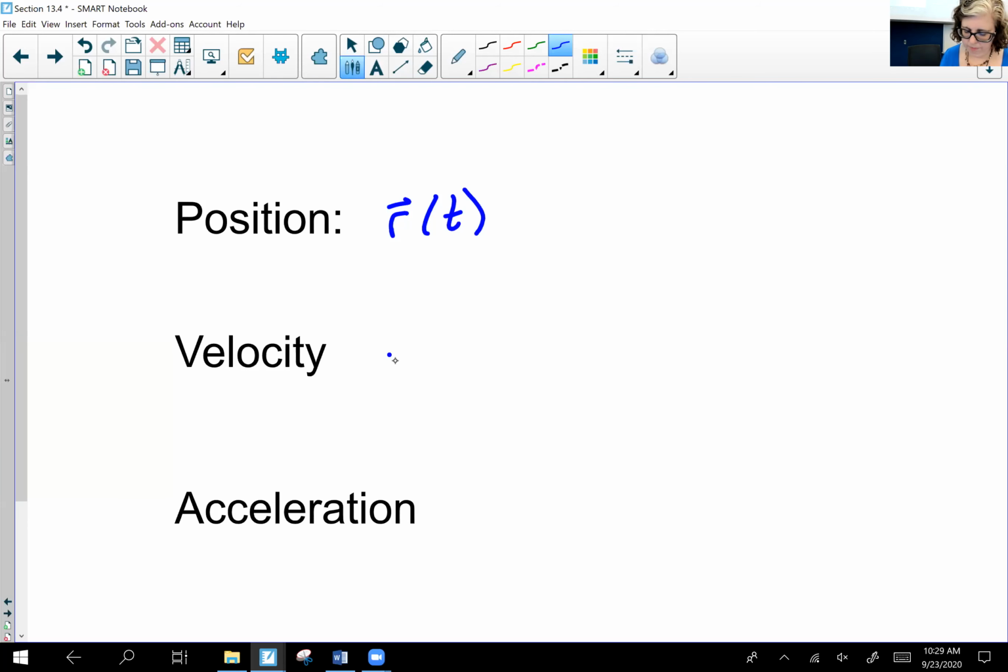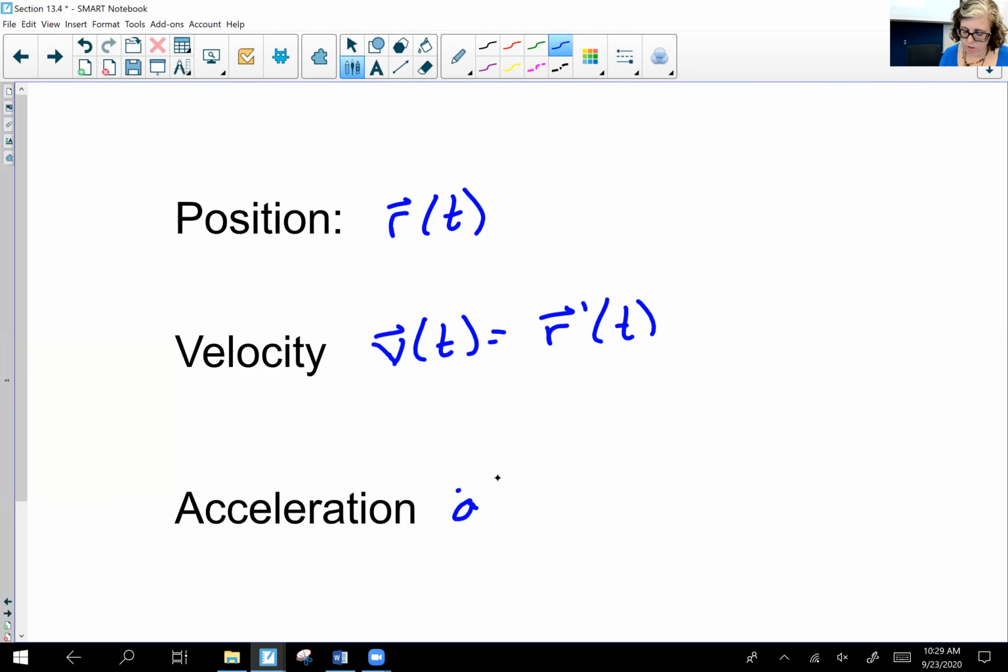The velocity vector is then going to be the derivative of the position vector, which is something you all did back when you took physics, if you haven't taken it yet. If you're given an equation for the position, you take the derivative and then you get your equation for your velocity. In this case, they're going to be vectors.